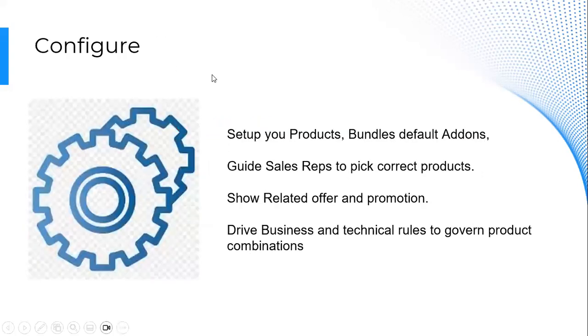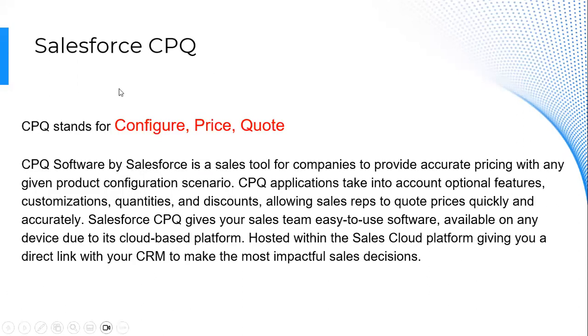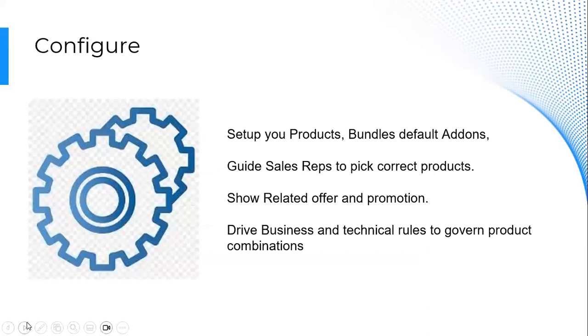As we discussed, there are basically three important points in CPQ. The first one is configuration, the second one is pricing, and the third one is the quote itself. Let's take a look at all these three major points. First, configure.